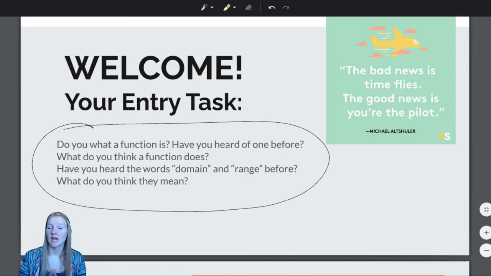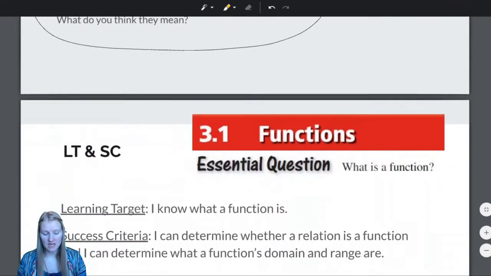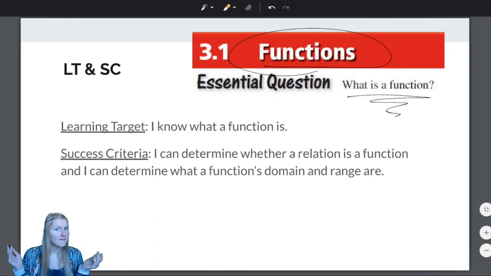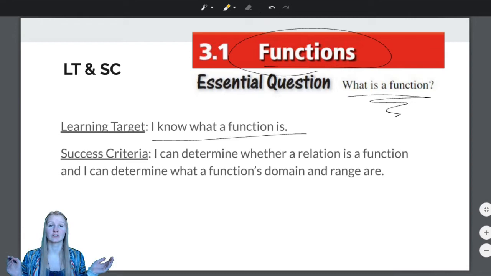As you may have guessed, we are starting chapter 3, and chapter 3 is all about functions and specific types of functions, but today we're just going to introduce you to functions and what functions are. So, our learning target and success criteria for today are: you know what a function is.